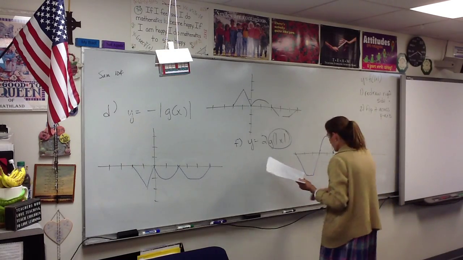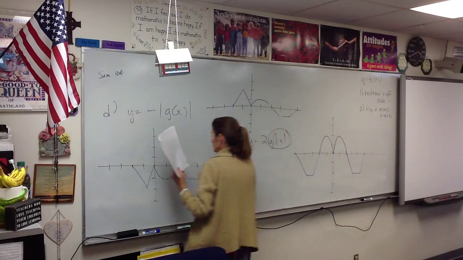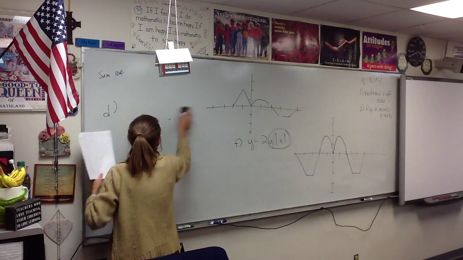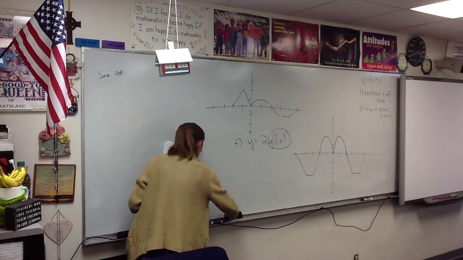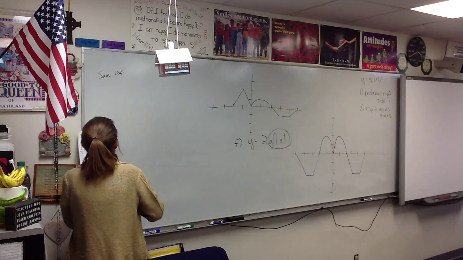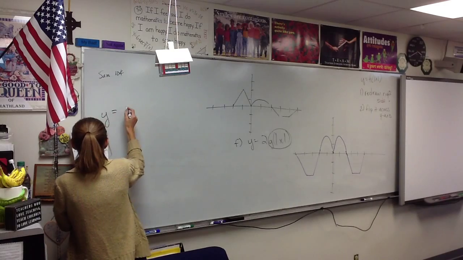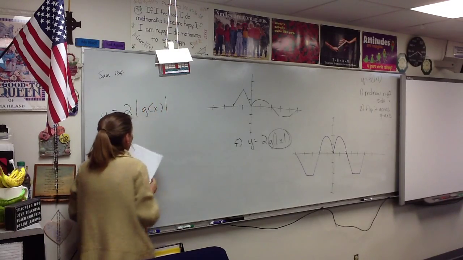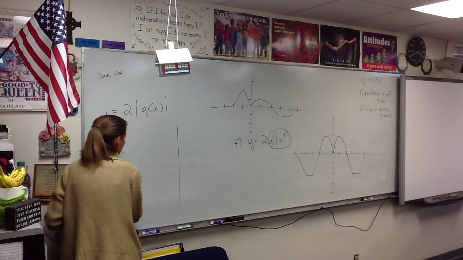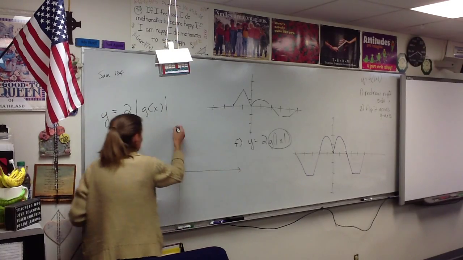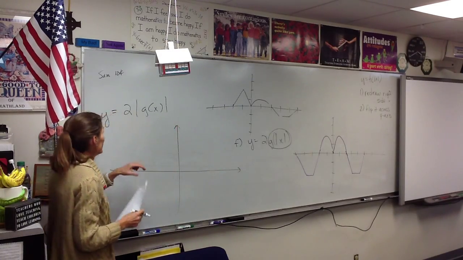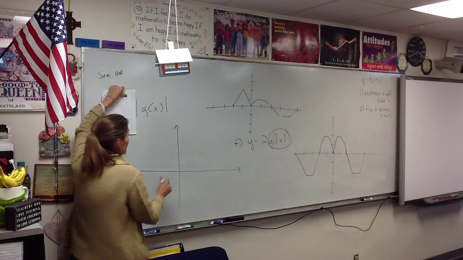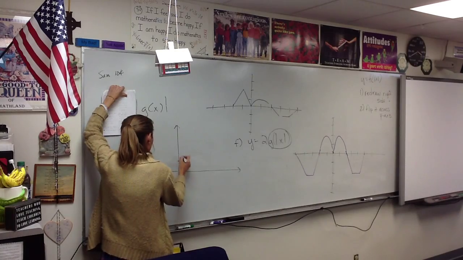We'll just do G, I guess. This is kind of like the one we just did, but the absolute value's in a different place, isn't it? So let's start with this. That's a regular absolute value.